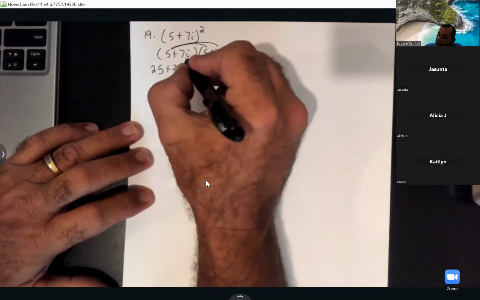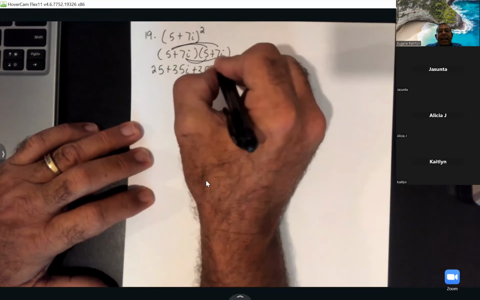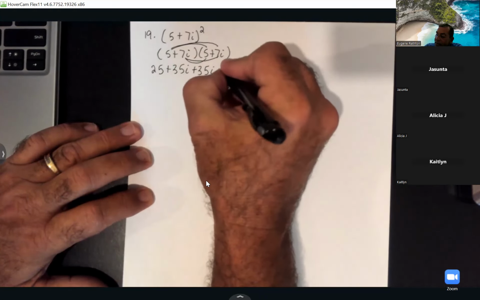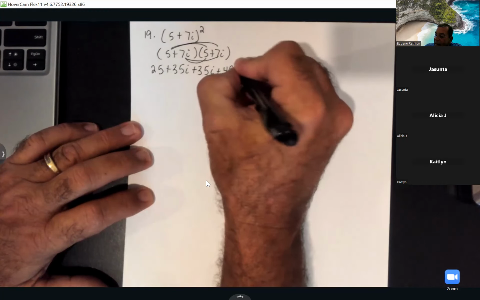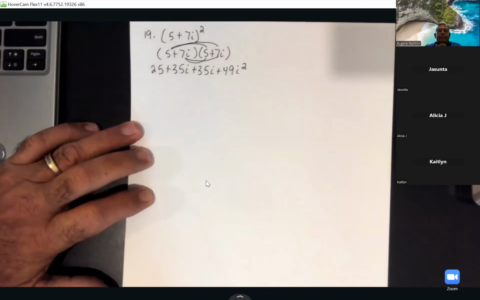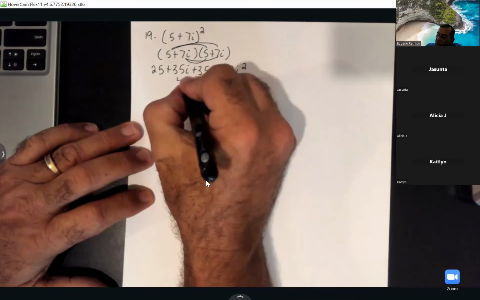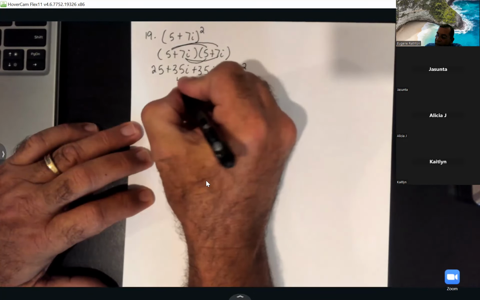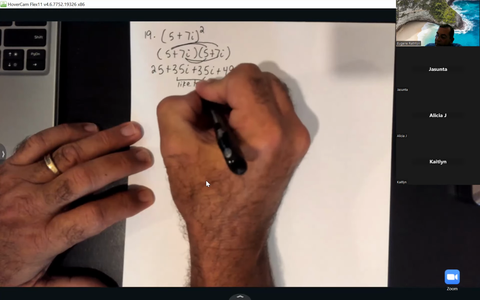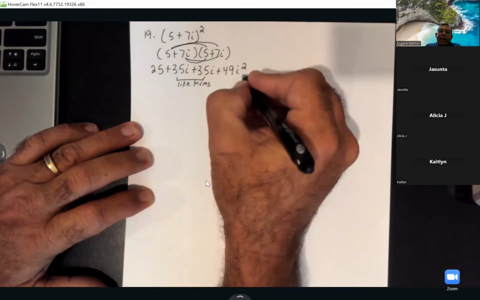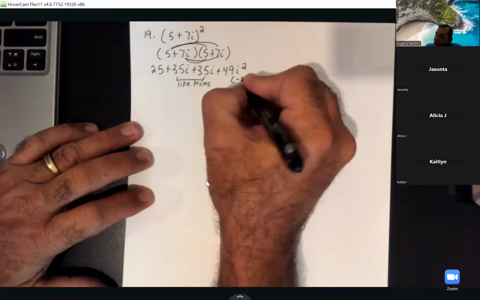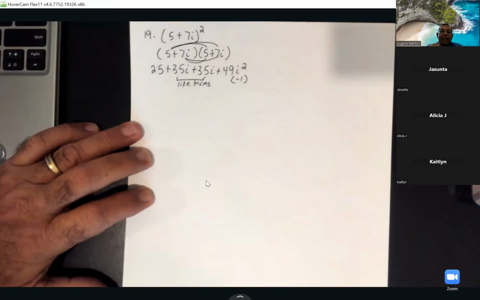And then y'all at the end, 7i times 7i is a positive 49i squared. So if you notice, these don't cancel, they double, so those are like terms. And then once again, the i squared is going to equal a negative 1 at the end.